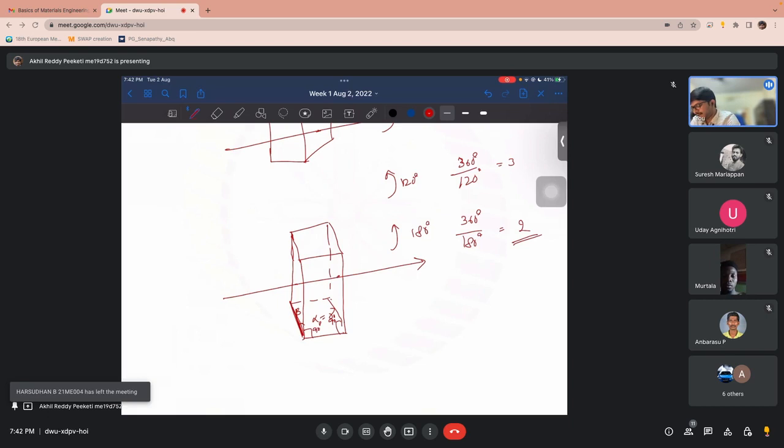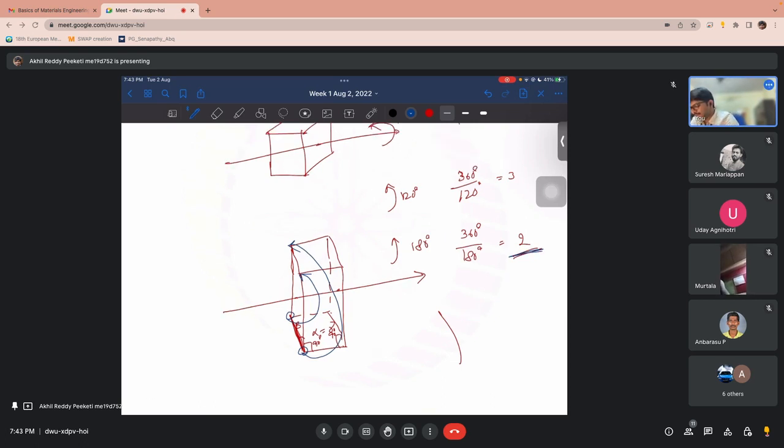If you rotate a line by 180 degrees, it will still be the same line because these two are 90 degrees. So once it rotates, this point will go here and this point would go here and it would look exactly the same. So this monoclinic structure has only one twofold symmetry.